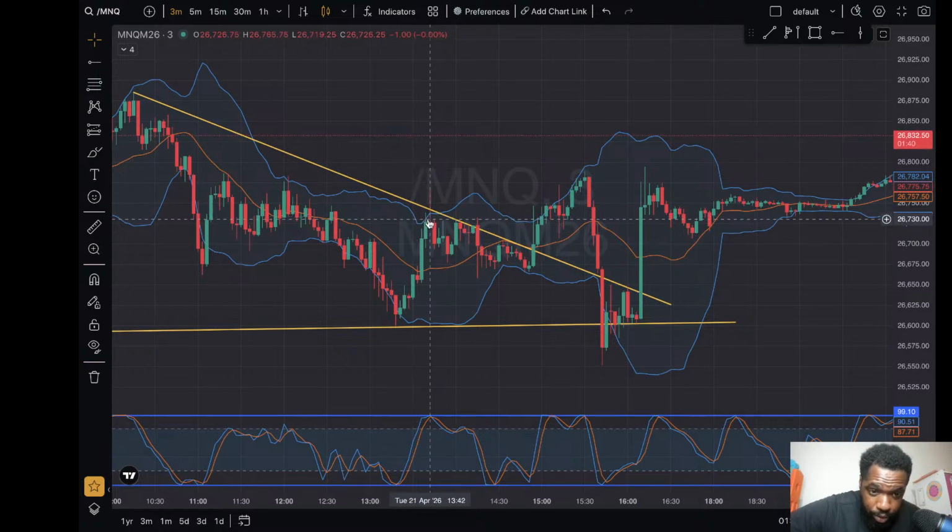What came first was this move here. So I entered, I think on this candle, somewhere on that wick.